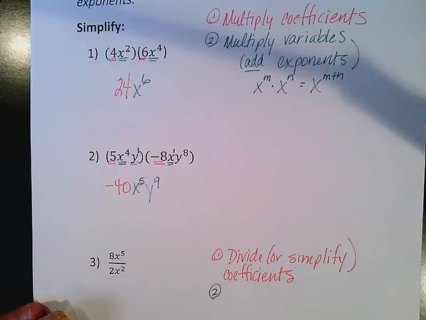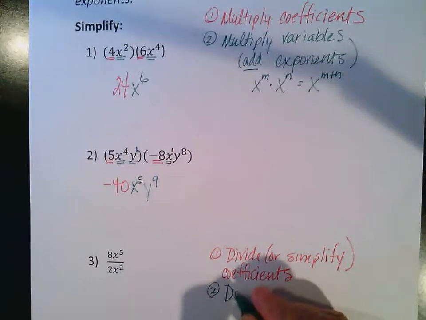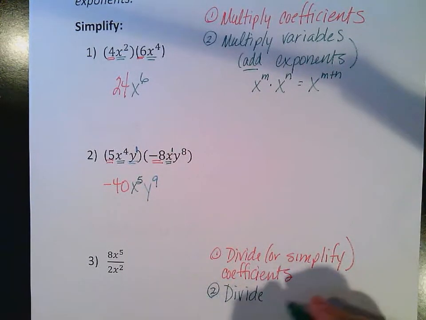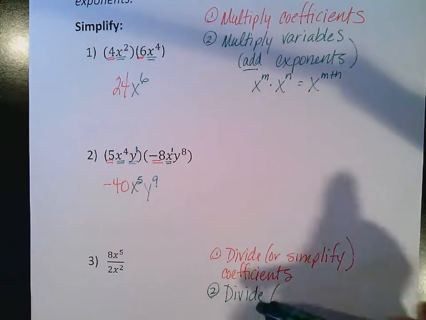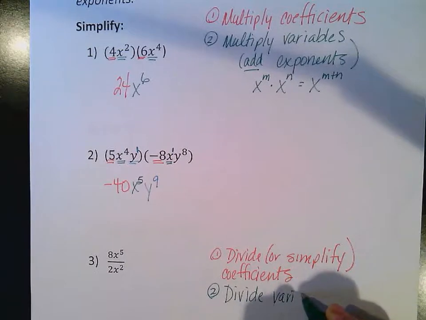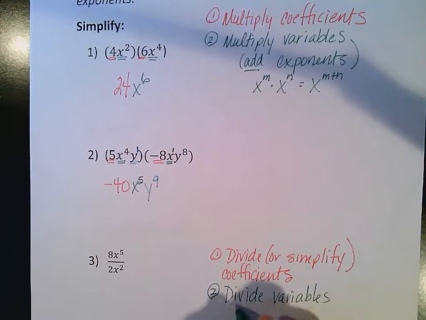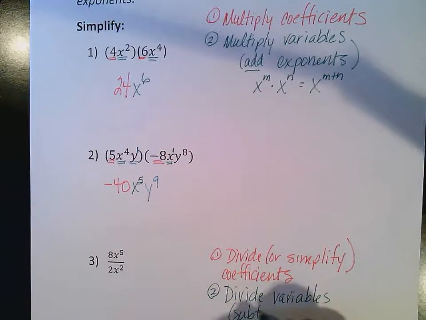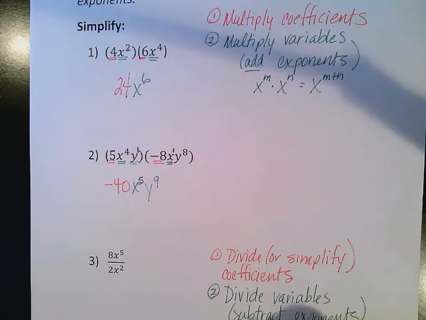When we divide, we subtract the exponents. So when we divide variables, we subtract exponents. So I have x to the m over x to the n. This is what the rule looks like.